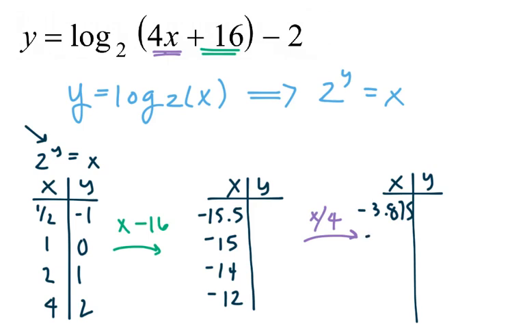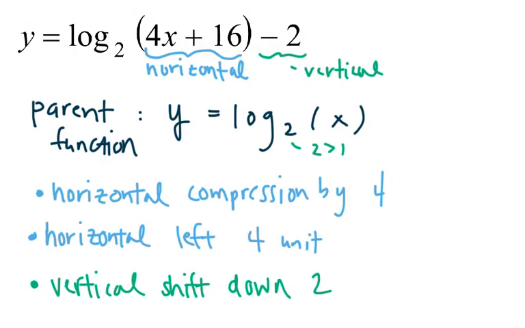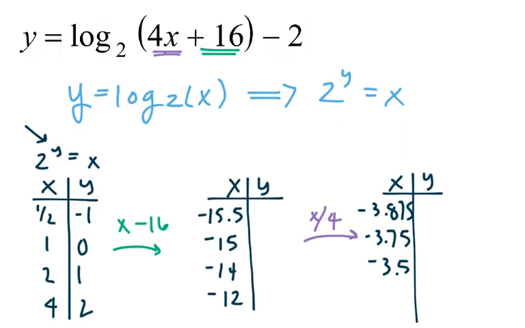Negative 15 divided by 4 is negative 3.75. Negative 14 divided by 4 is negative 3.5. Right? You can see that these are a lot closer together, right? Because we're horizontally compressing it by 4. That's what we said would happen. You can see that the distance between these numbers is bigger than the distance between these numbers. They're horizontally getting closer together. And this would be negative 3.